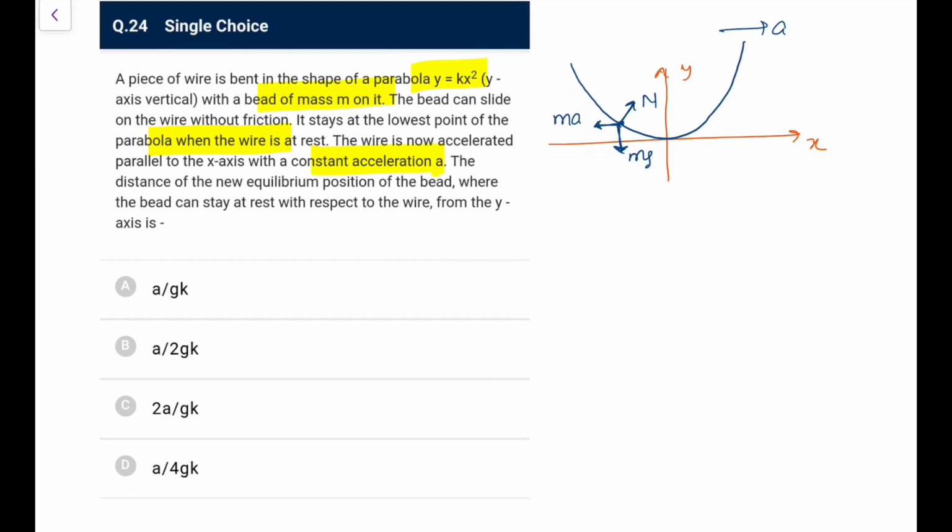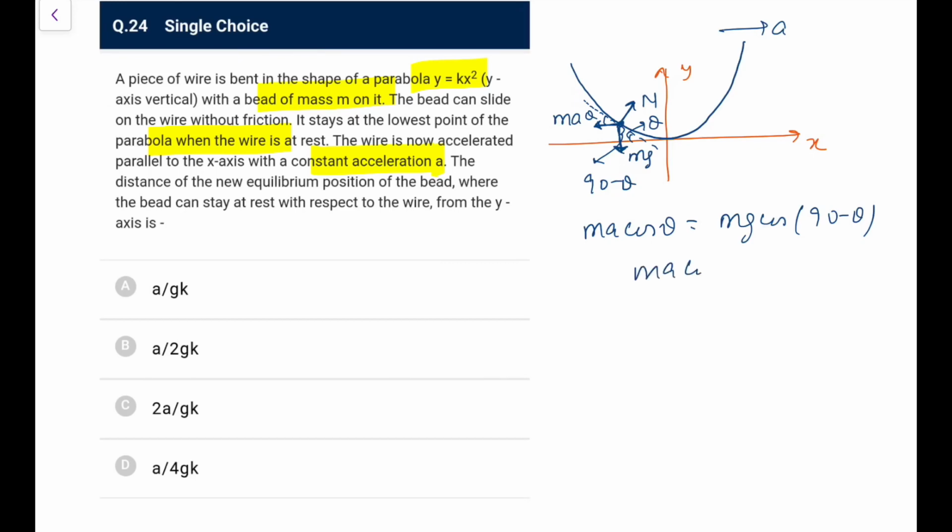So first of all, at this point I need to draw the tangent. Let's say this tangent makes an angle theta with this axis. So this is theta, so this will also be theta, and this angle with mg will be 90 minus theta. So I can directly say ma cos theta would be equal to mg cos of 90 minus theta.